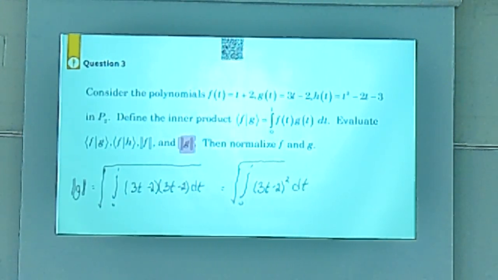Again, we can use u sub. u is 3t minus 2. That means du is 3 dt. Square root of 1/3 times 3t minus 2 cubed over 3 from 0 to 1.